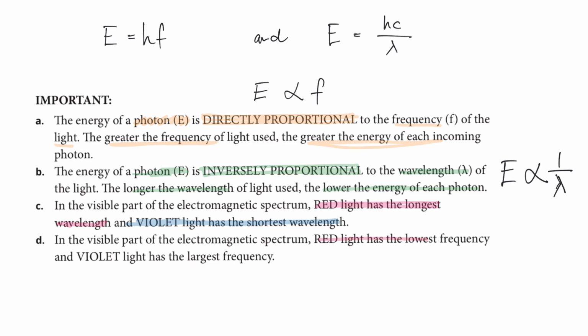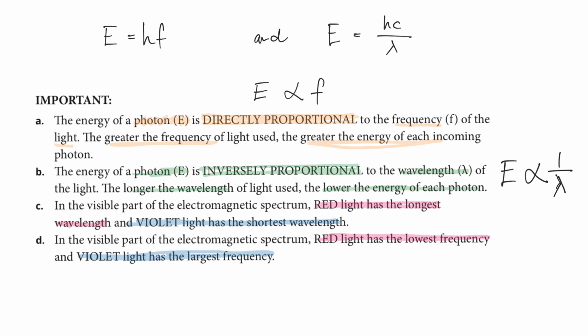Also, red light has the lowest frequency, so it's the least dangerous. But blue light or violet light has the largest frequency, and the higher the frequency, the more dangerous the type of light it is. So please make sure you write down these little points, highlight, write down your mathematical relationships, write down the relationships in words.